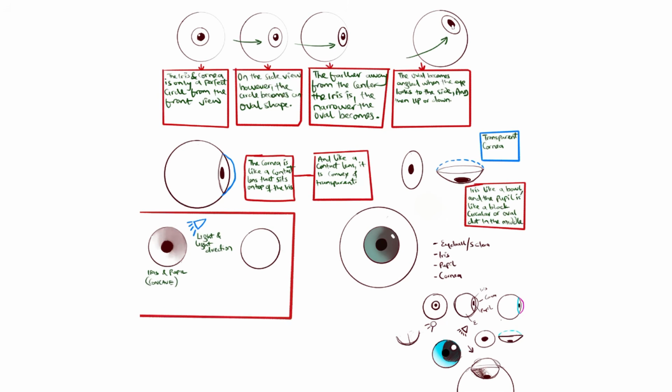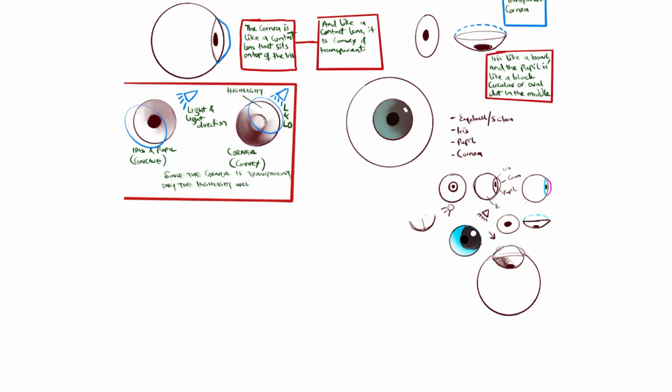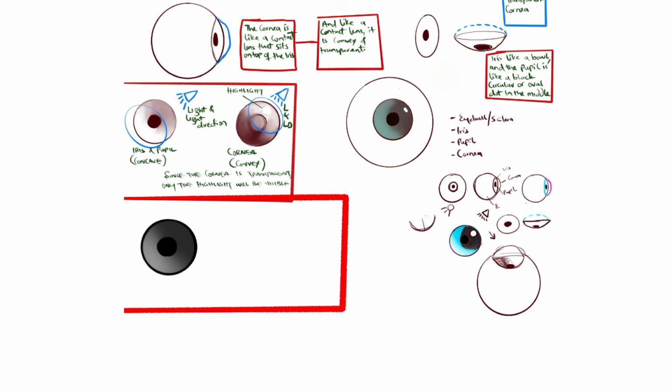For the cornea, since it has a peak, a dome-like shape, the area where the highlights will be is going to be different from how the light is going to reflect on the iris. For the iris, it's going to be on the opposite side, and this is because of the location and the shape of the cornea.